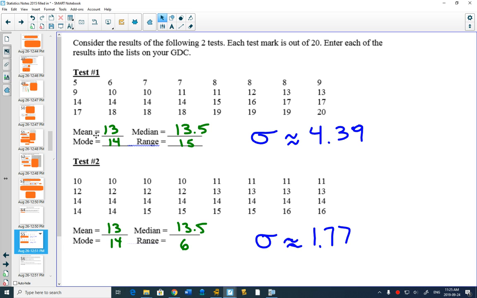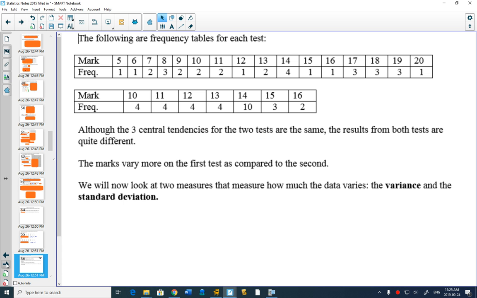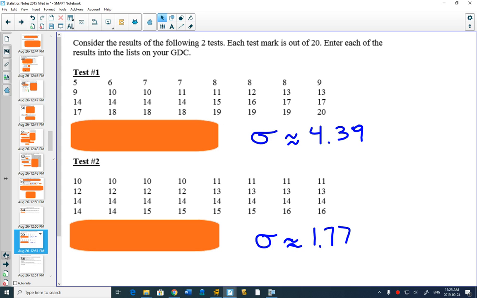Whereas my range just tells me my maximum to my minimum. I don't know how the data is spread out within there. And of course, on your calculator, if you wanted to find your variance, it's just this number squared.